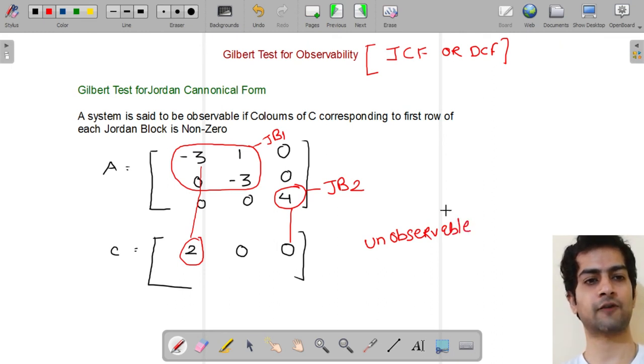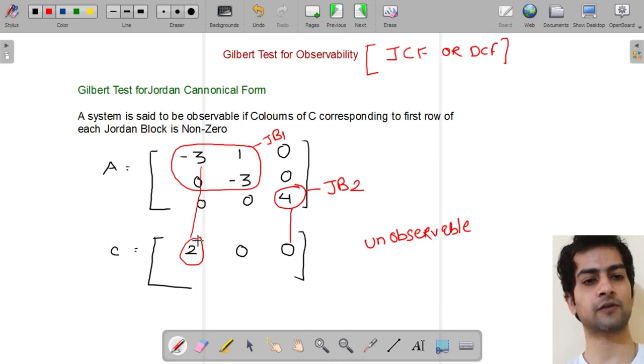Now see the definition, it will be clear. A system is said to be observable if the columns of C corresponding to the first row of each Jordan block are non-zero. So we have JB1, we have JB2. For JB1, we will refer to the first row, and corresponding to this first row, we will refer to the column of the C matrix.